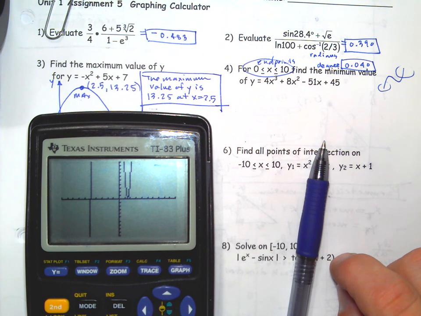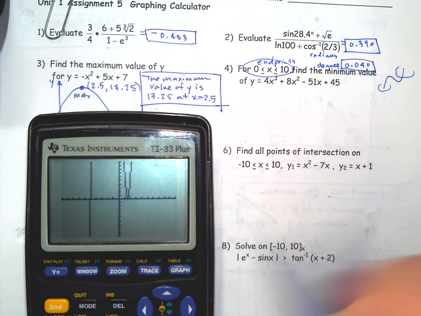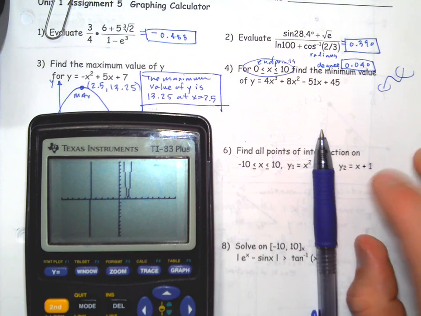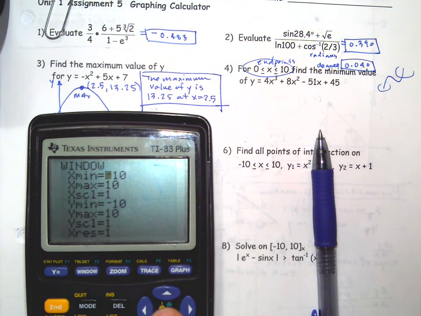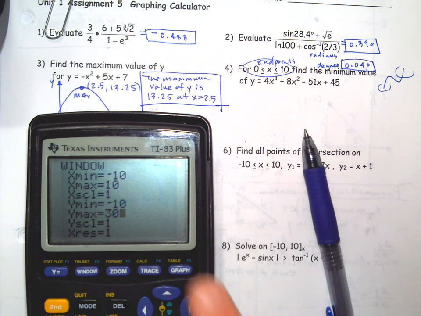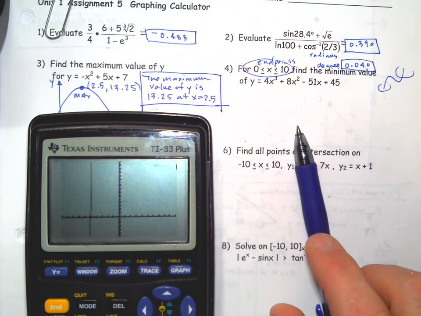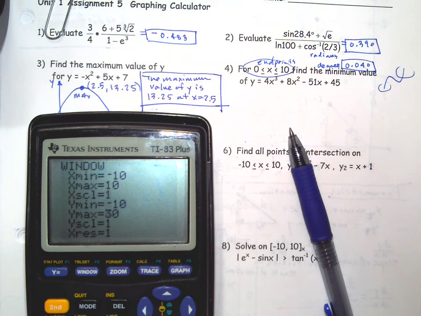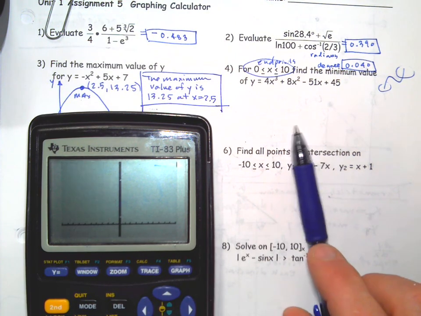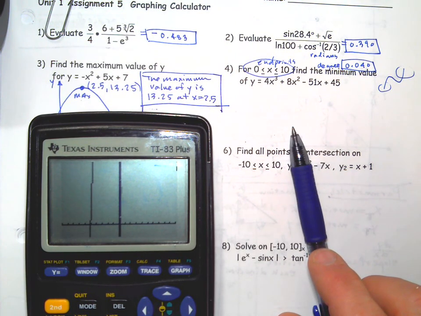So actually 0 to 10 is over here, but it might be nice to see the whole graph. So let's go window y value 30. Try that. Still not even enough. Window 50. Still not enough.